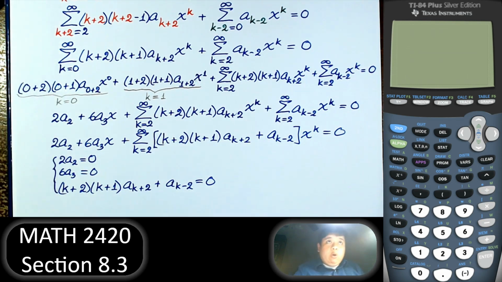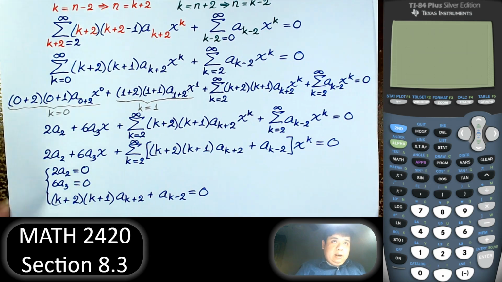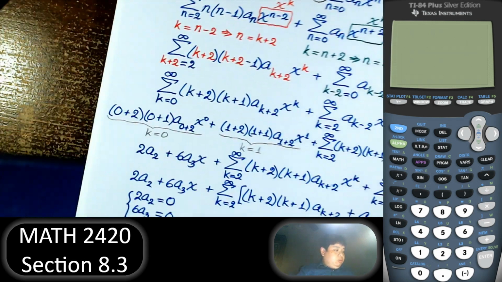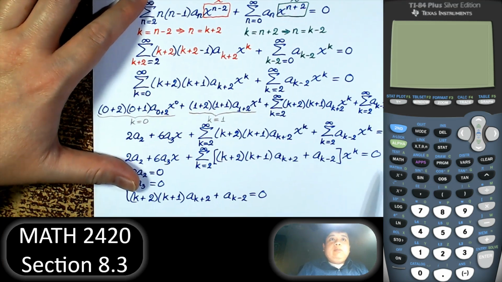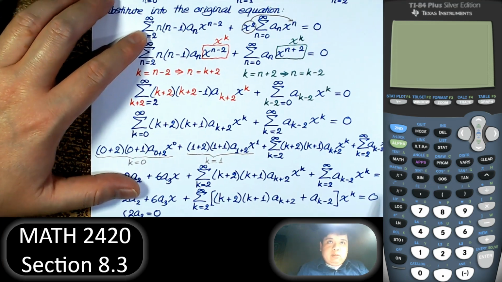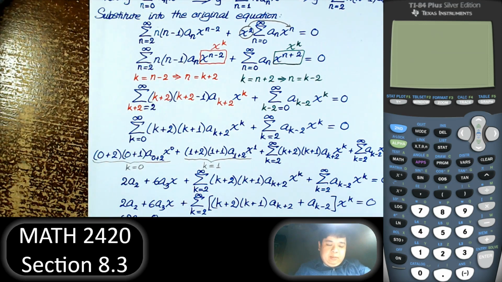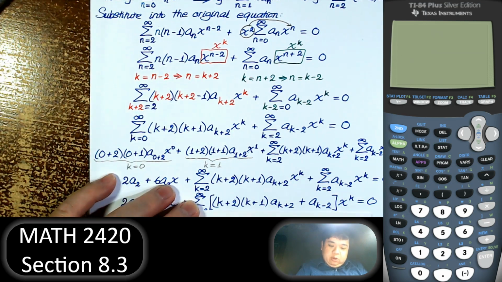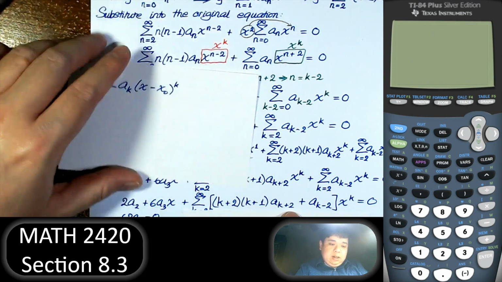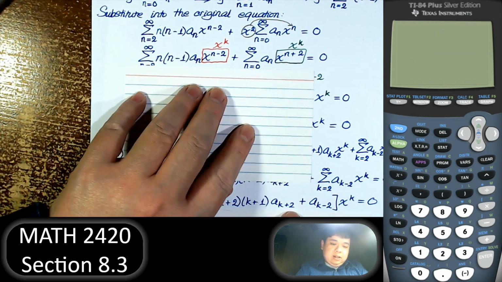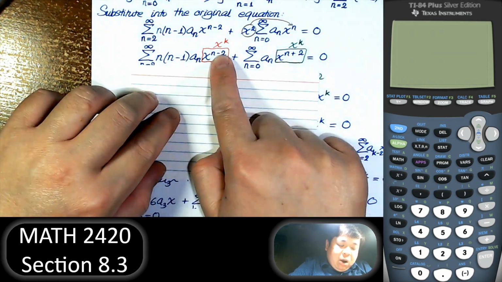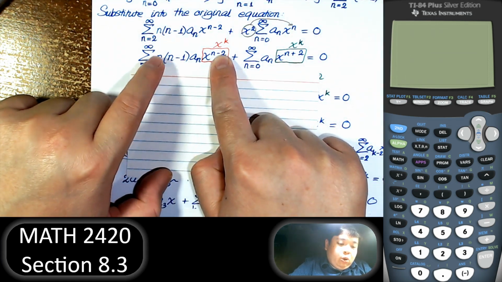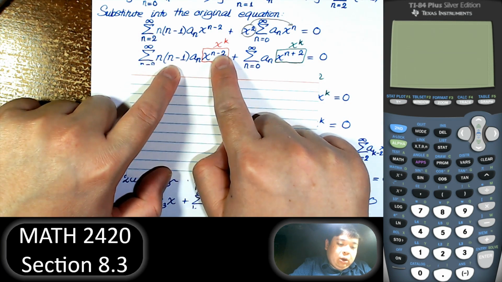Right. Before I go further, I will need to check with the original series, meaning this one. Okay. Yeah. Pay attention to this one. And that. Right. Notice the power n minus 2, so the coefficient will be 2 more and 1 more.